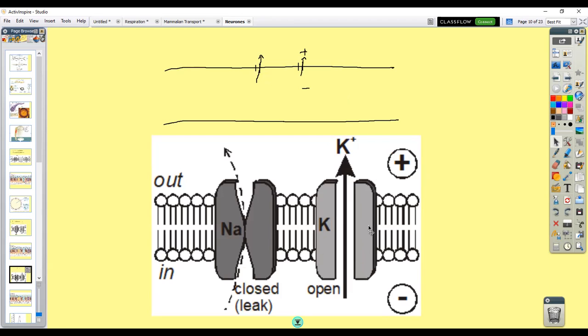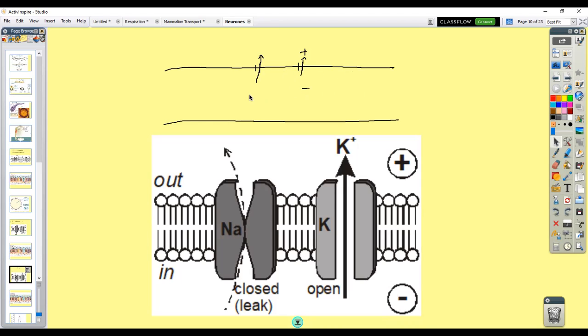Okay, so at around plus 40 millivolts, those sodium channels will close. That causes potassium channels to open. Potassium flows out again in that sort of domino effect, those voltage-gated channels along the axon opening slightly after one another.